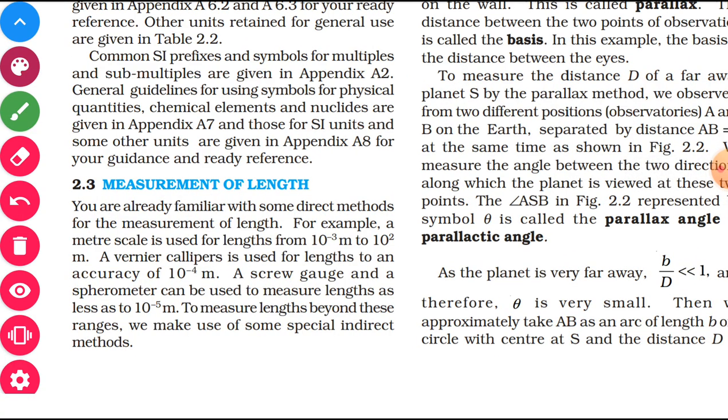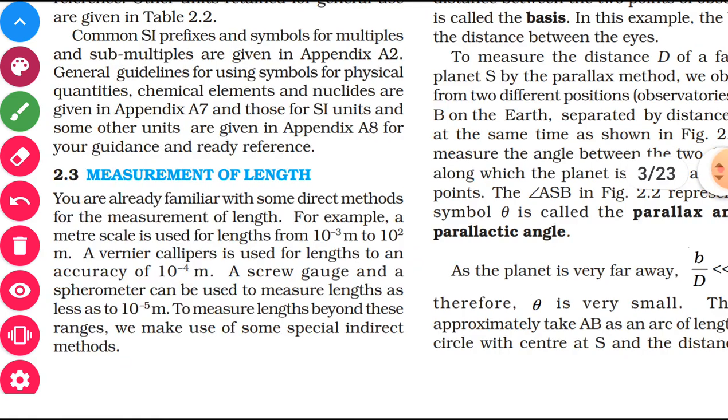Now measurement of length, generally the unit of length is meter. We use different apparatus to measure very small lengths, that is vernier calipers and micrometer screw gauge. Whenever you have the practical, whenever the school begins, screw gauge and vernier calipers we are going to measure, that will be taught to you in the experiment period.